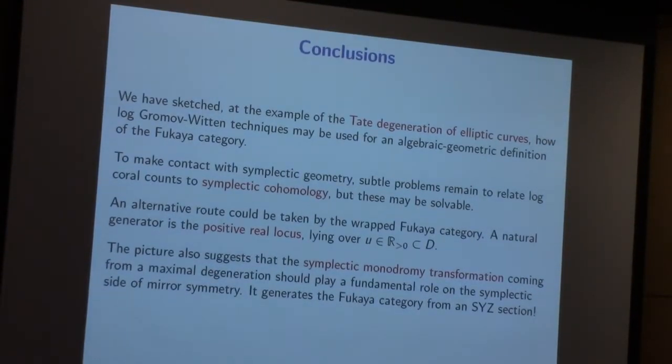It's a kind of symplectic analog of tensoring with the ample line bundle. So mirror symmetry should really not just be a symplectic manifold, but a symplectic manifold together with this kind of maximally degenerating structure. It kind of generates a Fukaya category from an SYZ section once you know this transformation.